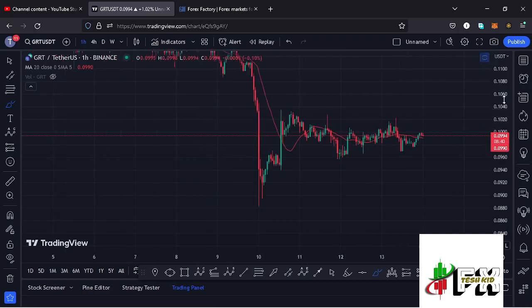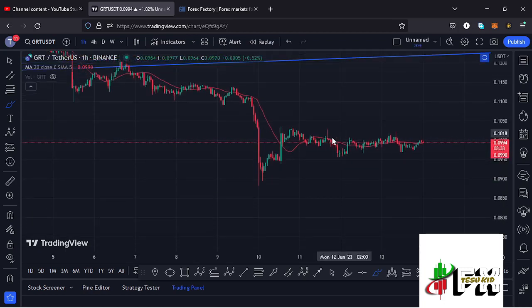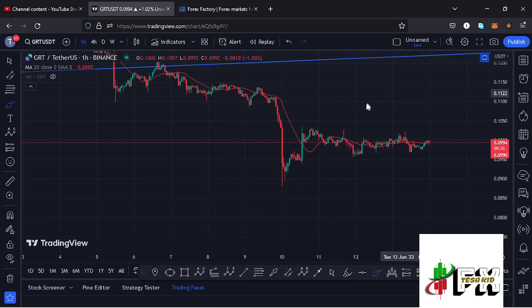And in case it has a positive impact, then we can expect to see a break above those highs on the charts and possibly get above the $0.11 mark once more. That is what you can also expect on the GRT chart.